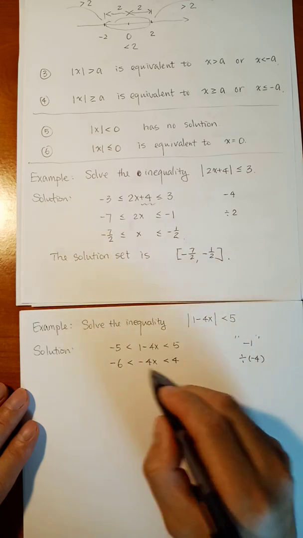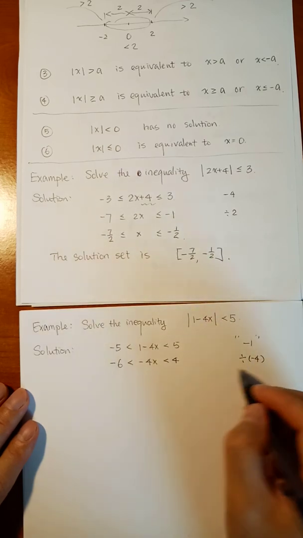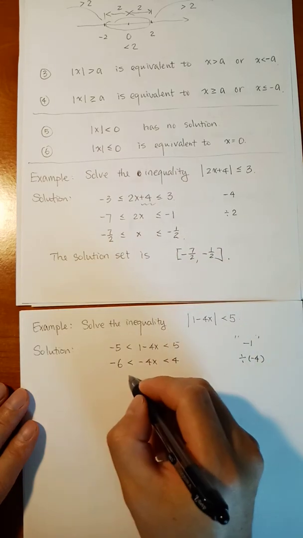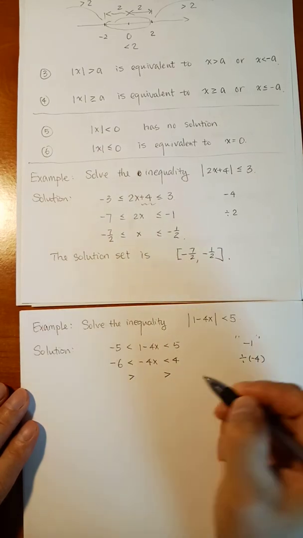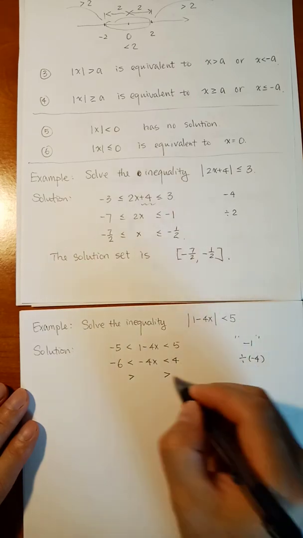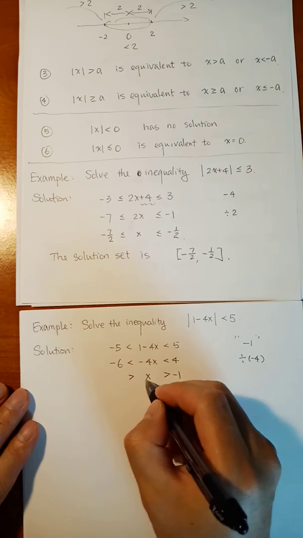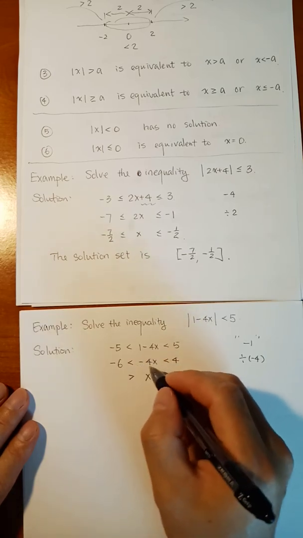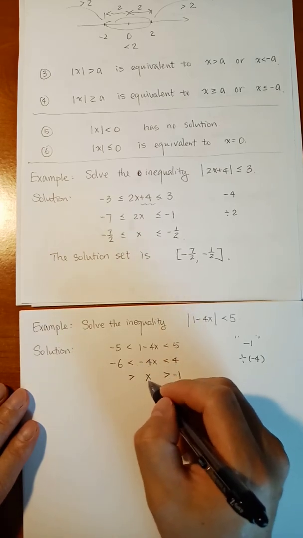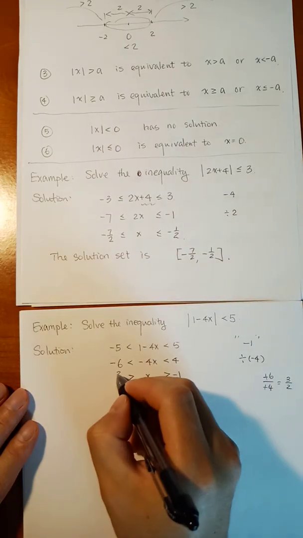Because you're dividing the inequality by a negative number, you're going to change the inequality. -4x over -4 is just x. The purpose is to cancel the coefficient. -6 over -4, negative canceled, is 3/2.